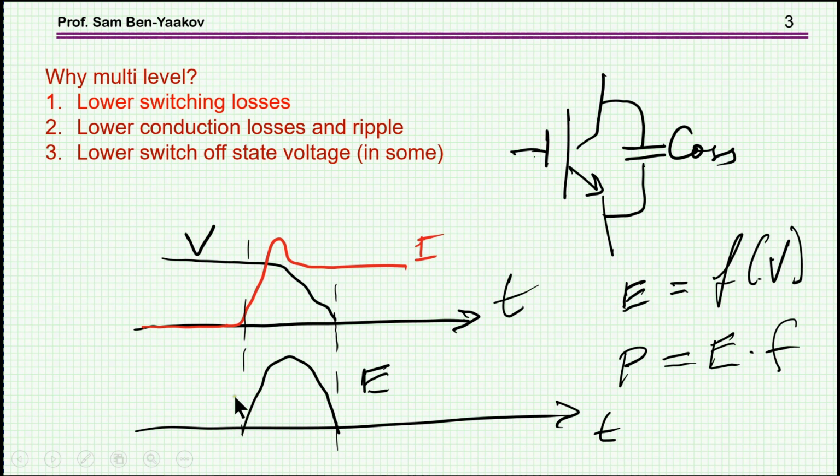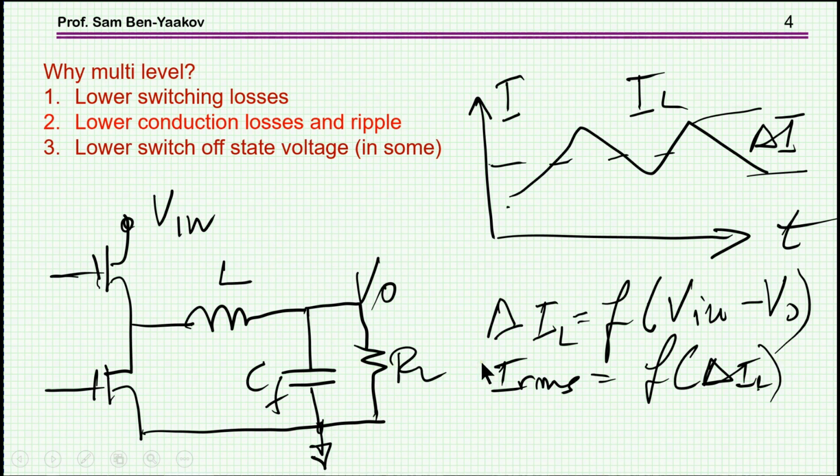This is the energy loss, and I'm showing here a turn-on situation. And also we have the output capacitor, whose energy is dumped into the device when it's turned on. All these are a function of the voltage. So if we operate the device with a lower voltage, the energy per switching instant will be lower, and of course the power, which is the energy times the frequency, will be lower.